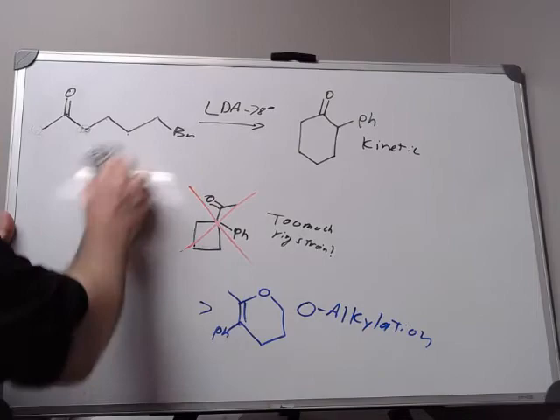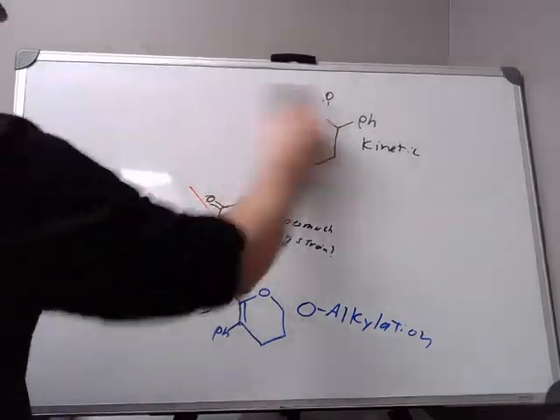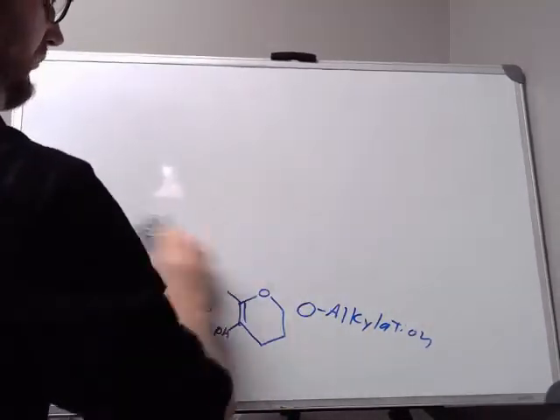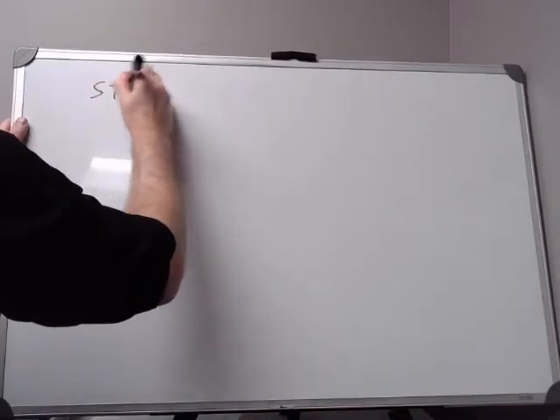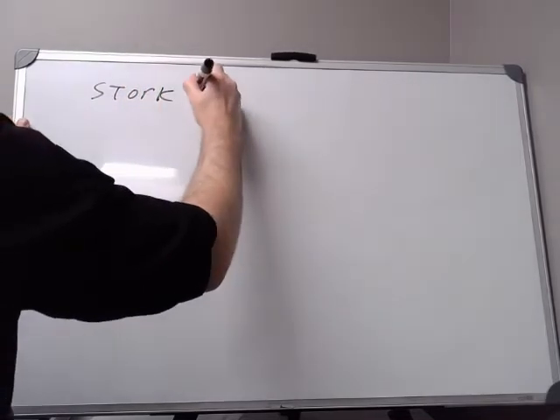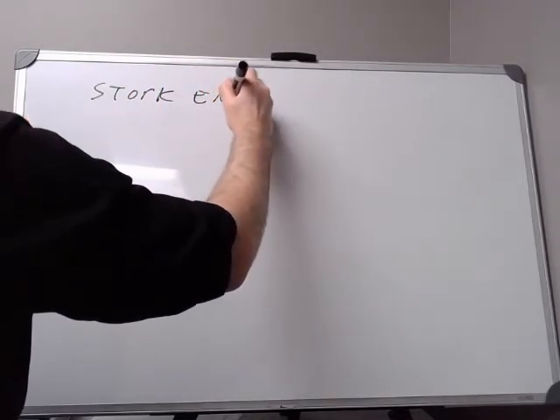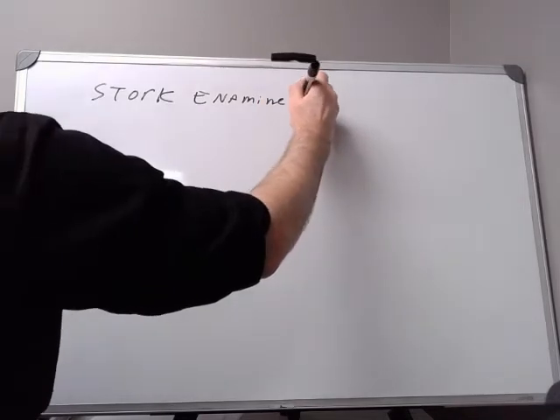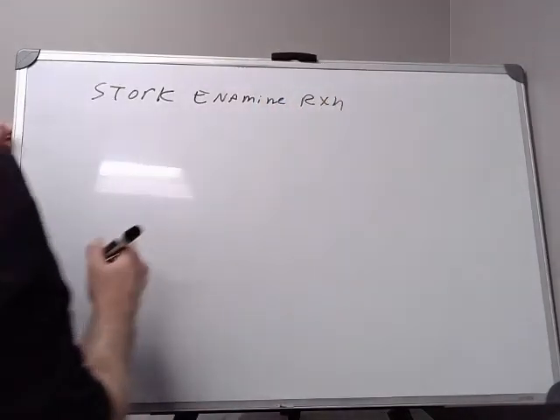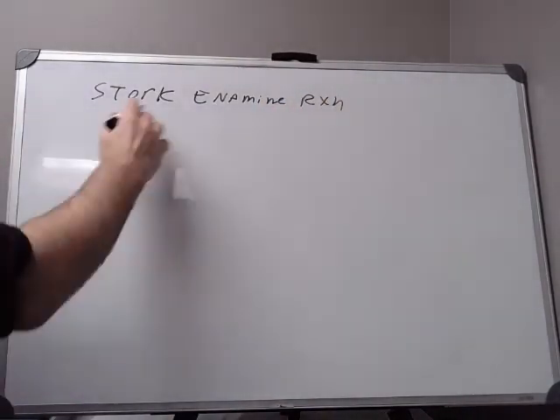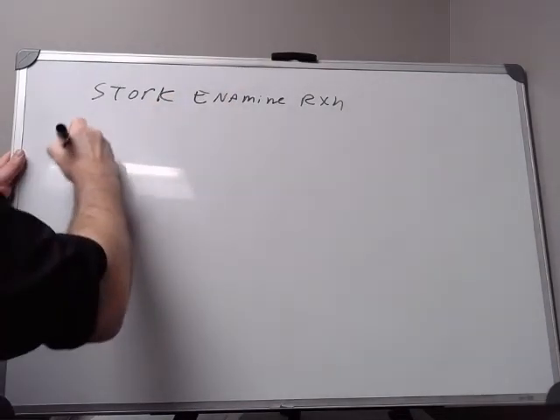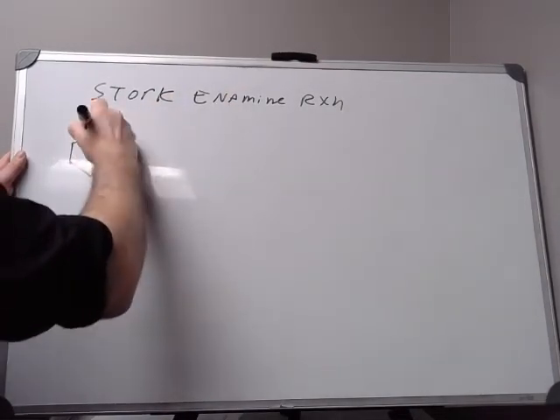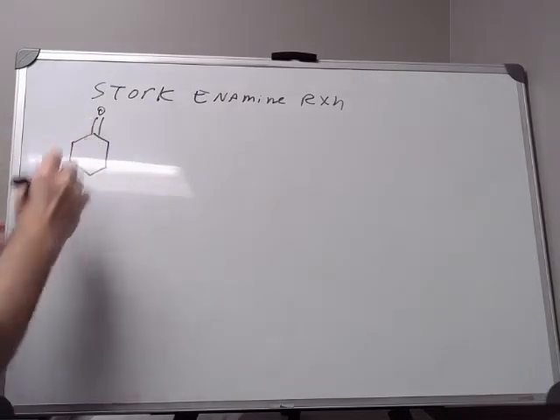There's also a milder way to achieve alkylation at the alpha carbon, and that is called the Stork enamine reaction. And in the Stork enamine reaction, we take a ketone.